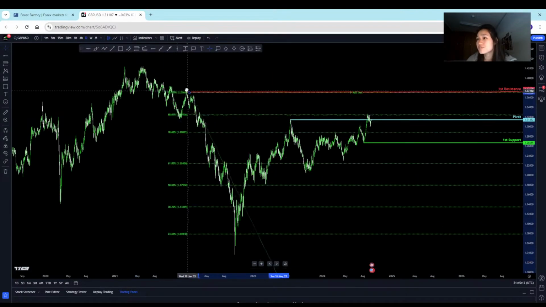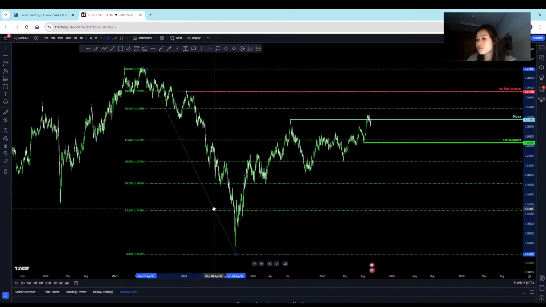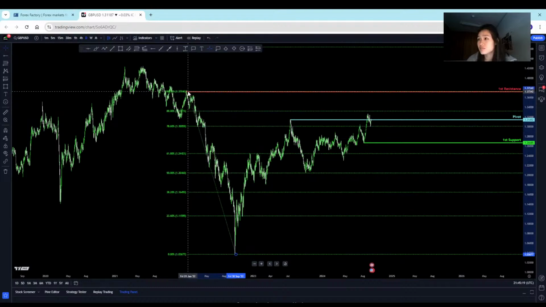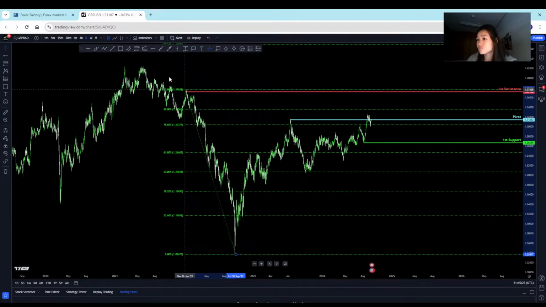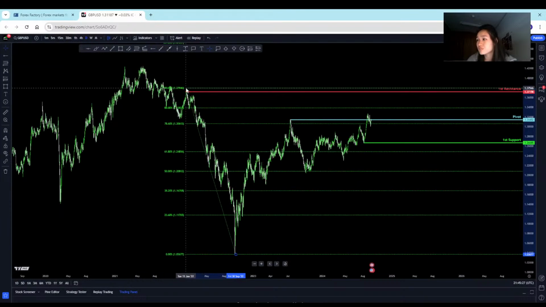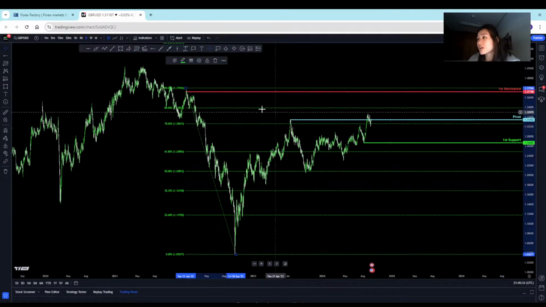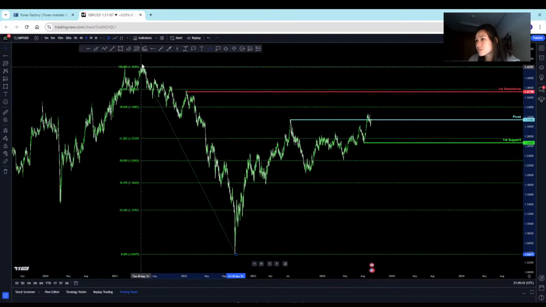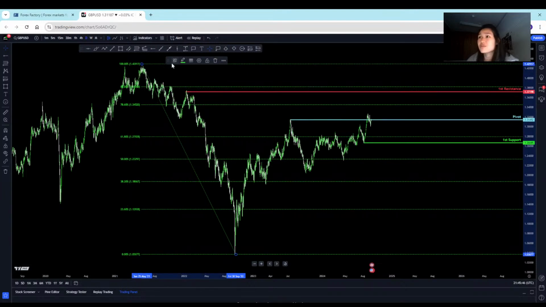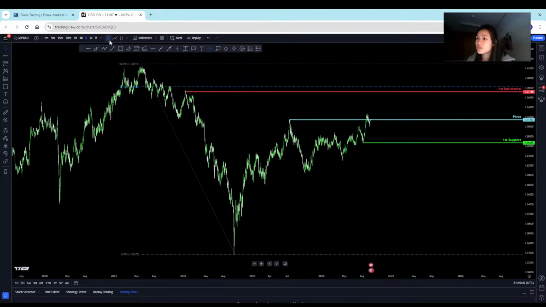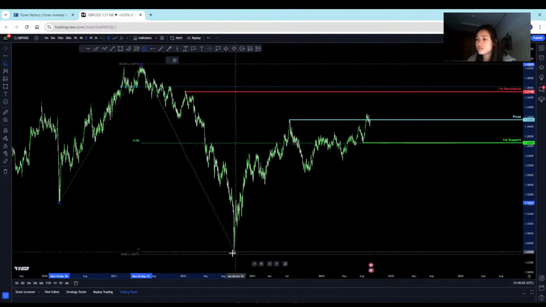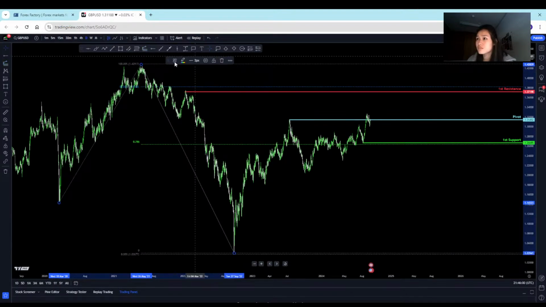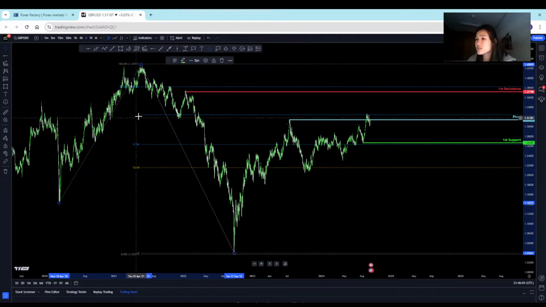Okay, my 88.0 lines up with, actually, okay, my 88 lines up with my first resistance, so I'm just going to use that. Okay, my 100% lines up with my pivot.